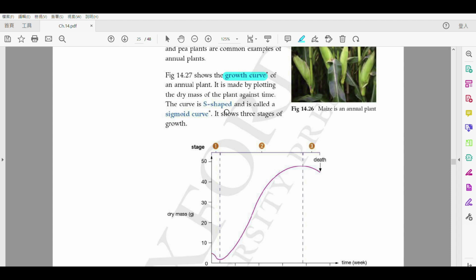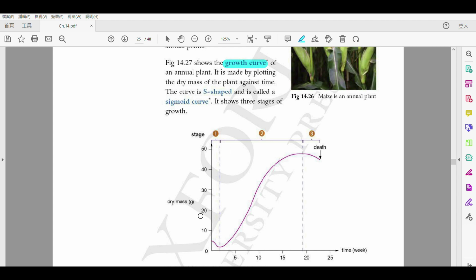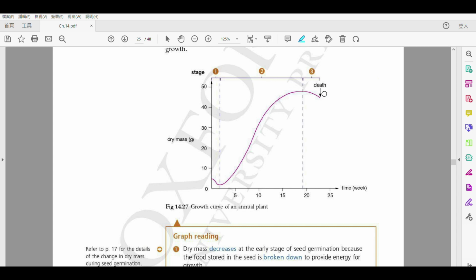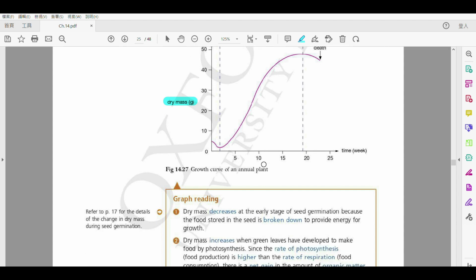However, we have two keywords we need to remember. This curve, we say that it is an S shape, and we call this curve a sigmoid curve. Usually we'll describe the curve and we need to know why. First of all, look at the y-axis. It says dry mass. First of all, why is it decreasing at first?